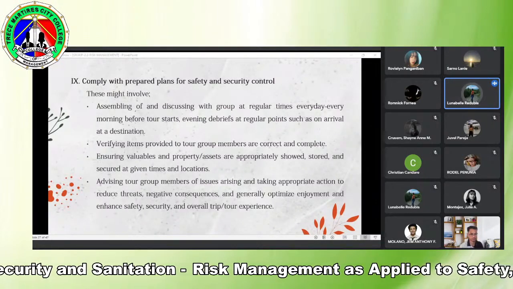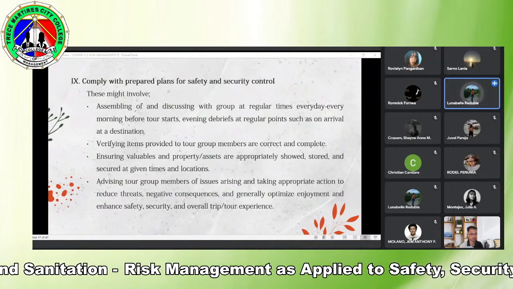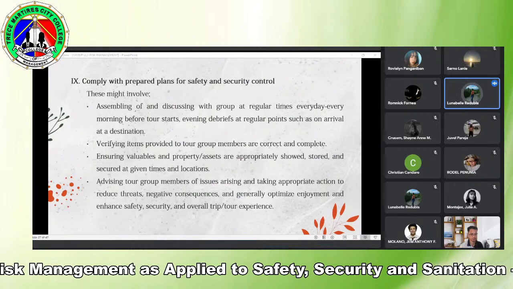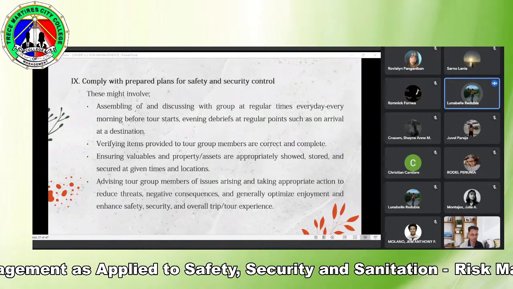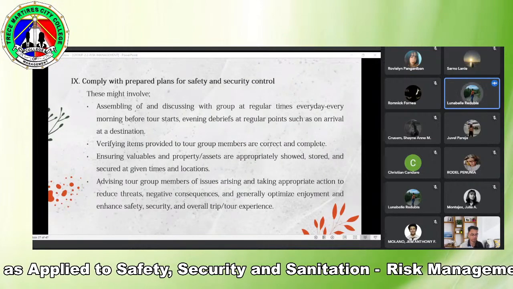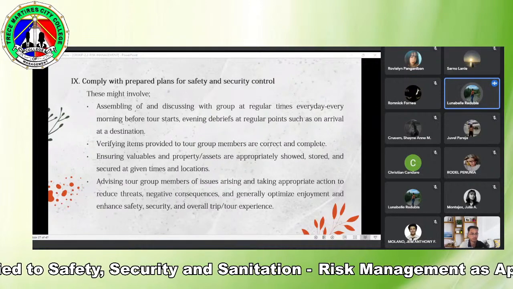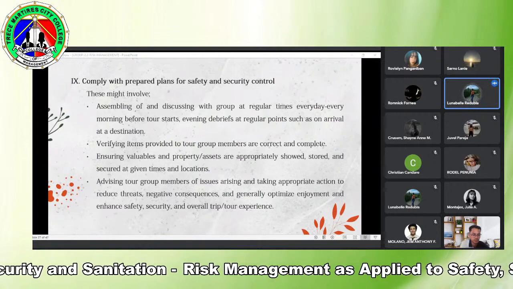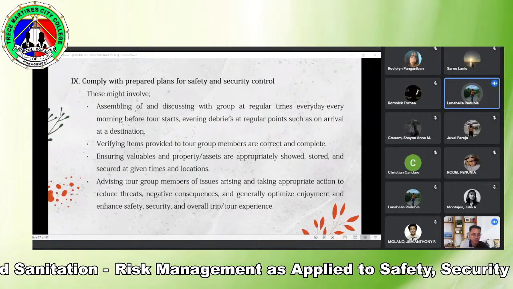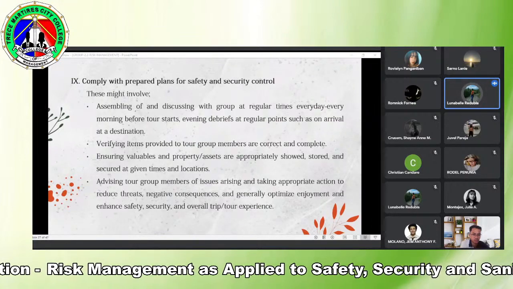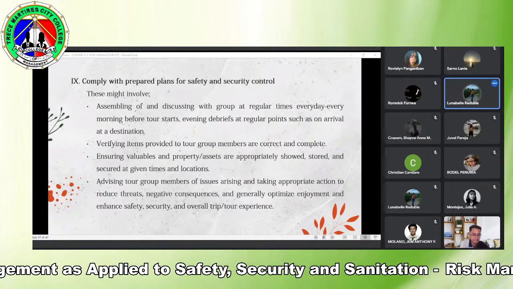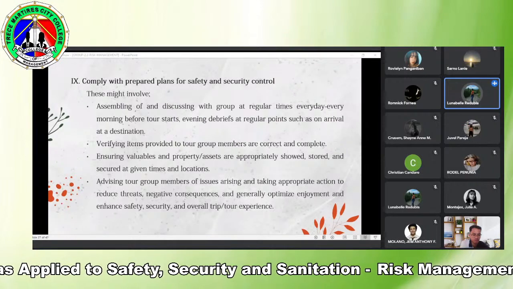Bago po natin i-start yung tour, pinapaliwanag po sa inyo nung tour guide kung possible na may mahiwalay sa inyo or may mawala, ano yung mga dapat gawin, tulad ng pay close attention to your surroundings and landmarks. Isa po dapat yun sa sinasabi nila.